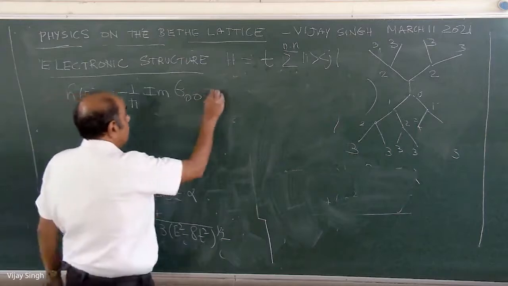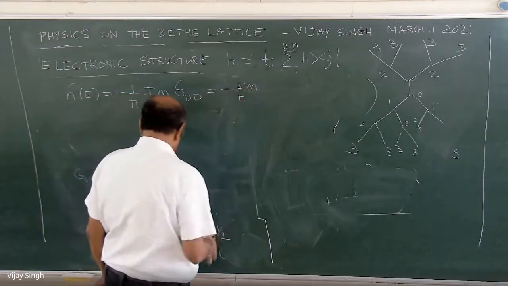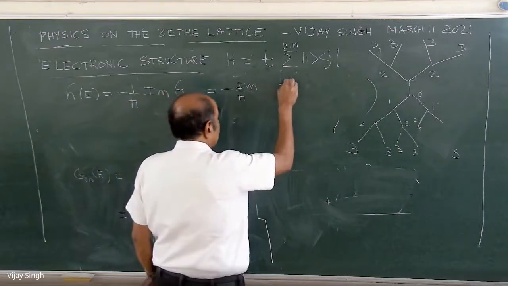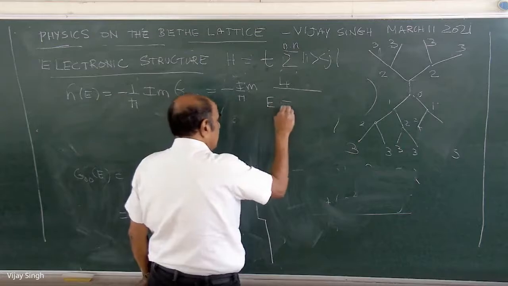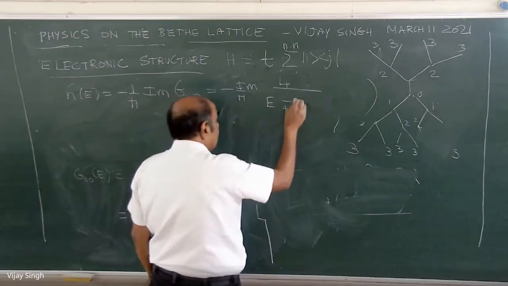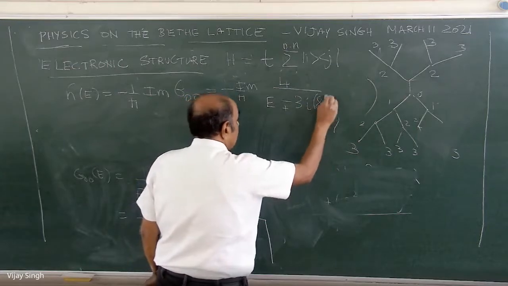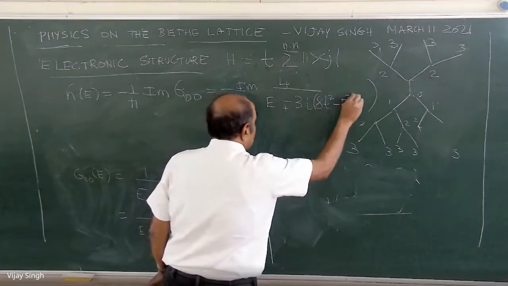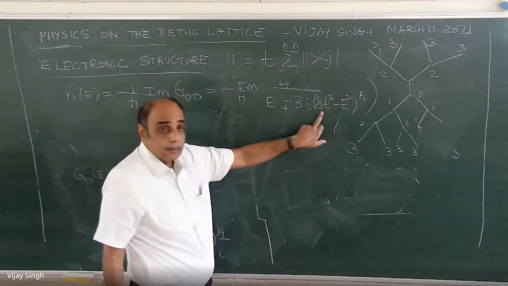So I will write this as minus 1 over pi, the imaginary part of, let us say, 4 over E. Let me keep both sides, but I'll only take one of them, as I said, 3 into i, square root of 8t square minus E square. That implies that E is less than square root of 8t.